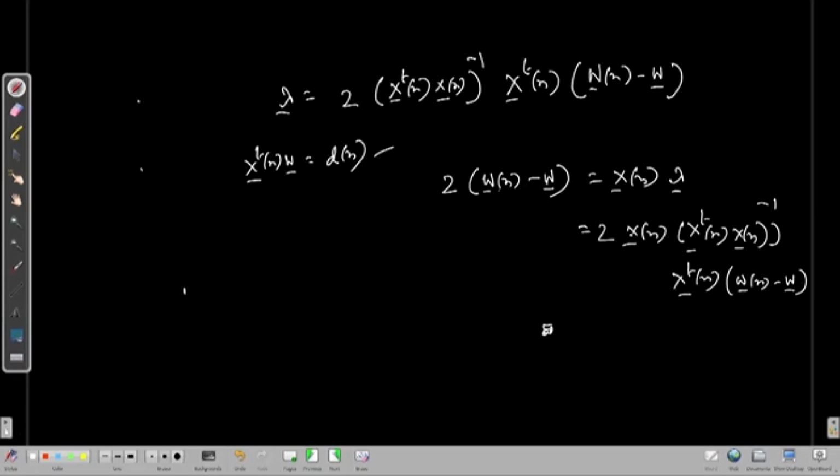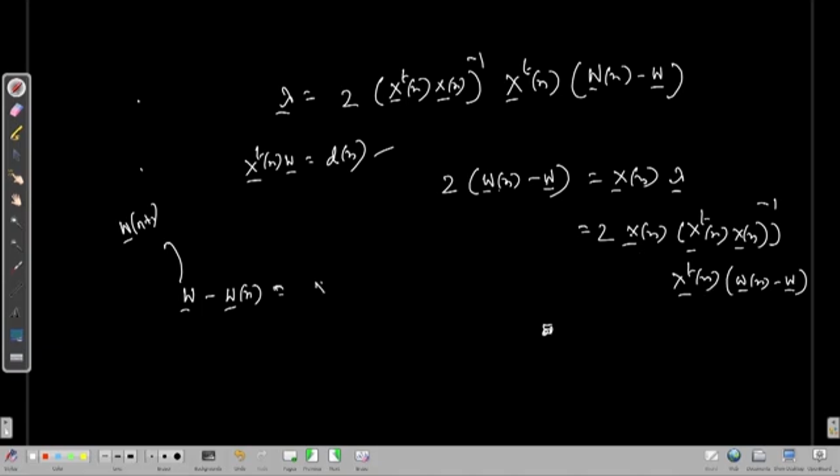So, w minus w n. Remember, this w will be w n plus 1. So, w minus w n is minus, and the minus sign I will observe here, so no need to write minus separately. Okay, 2 cancels.